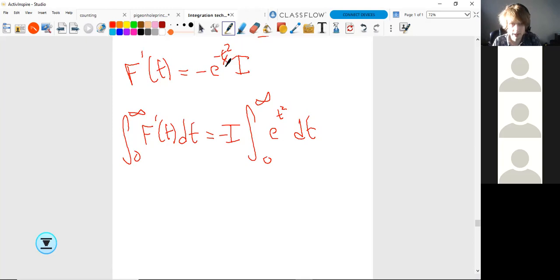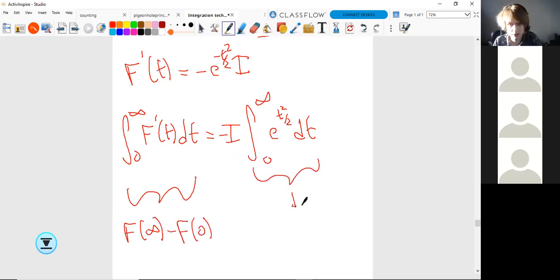Did I lose a 2 along the way? I did. So let's simplify this side. According to the fundamental theorem of calculus, this is f of infinity minus f of 0. And this is actually, again, the integral that we're looking for, I. So we're getting minus I squared.